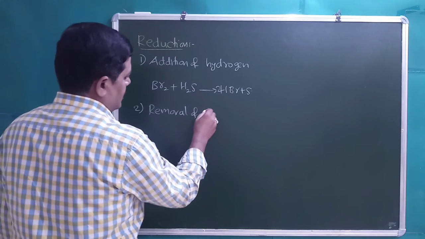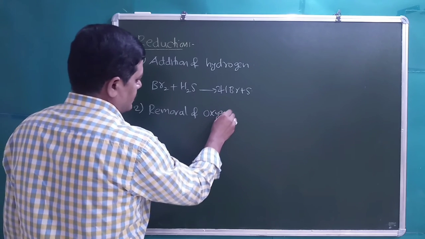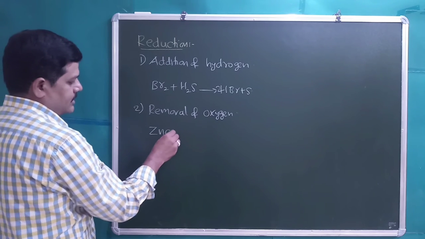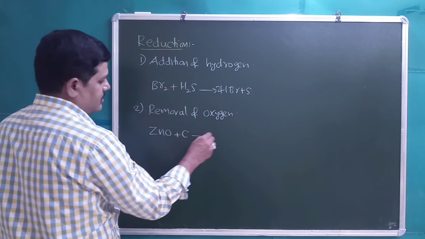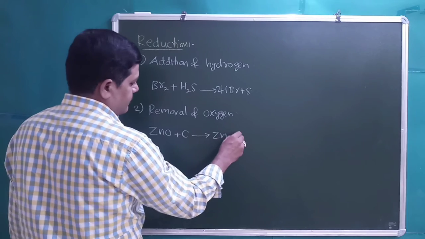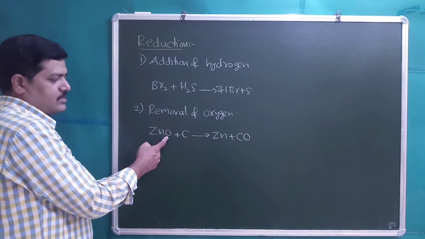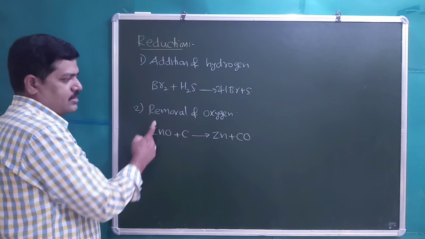Removal of oxygen. Zinc oxide, when it is treated with the coke, will give zinc plus carbon monoxide. Removal of oxygen from the zinc oxide is called a reduction.